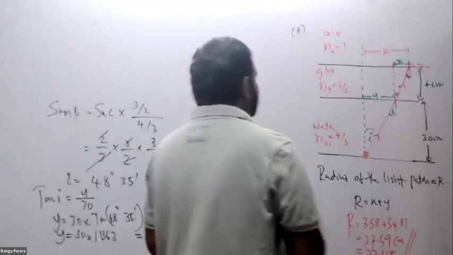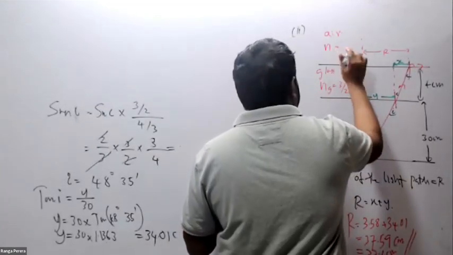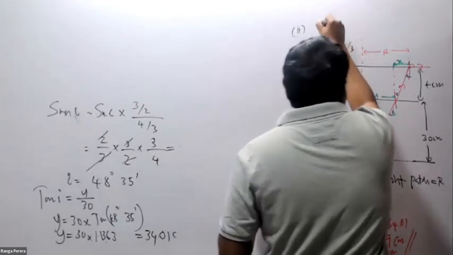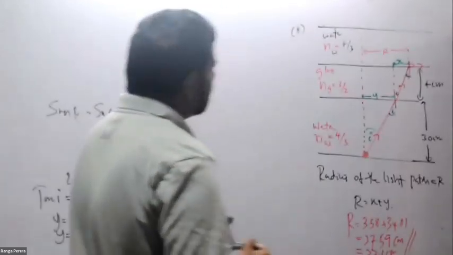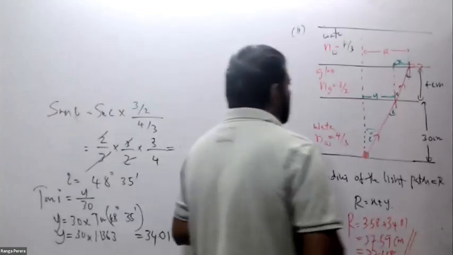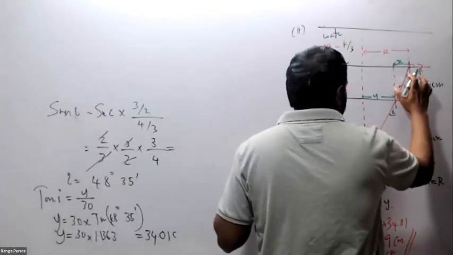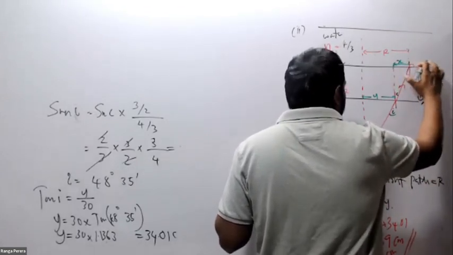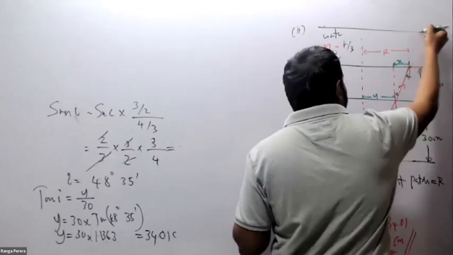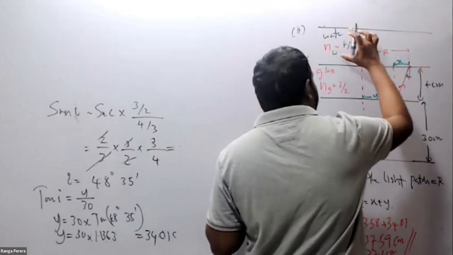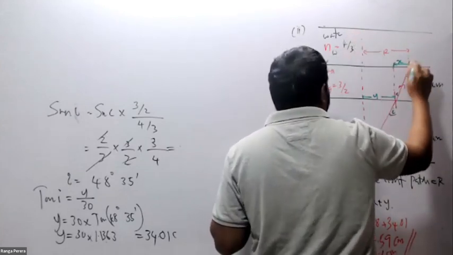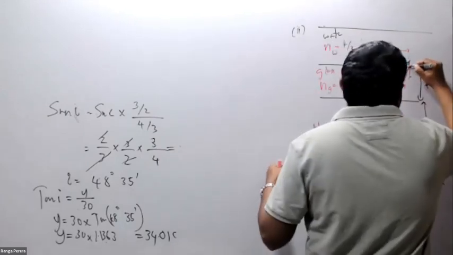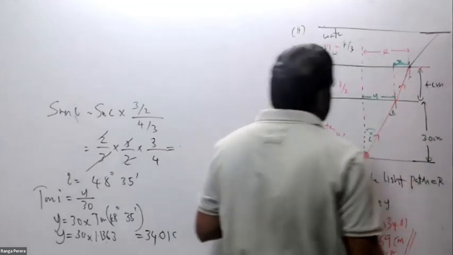We will discuss that. Now again, we have water, which is 4 by 3, a water layer. A ray which is parallel to the interface should now refract towards that, because this is water, not air. The critical angle is not C now. Let's say it is refracted into the water medium.